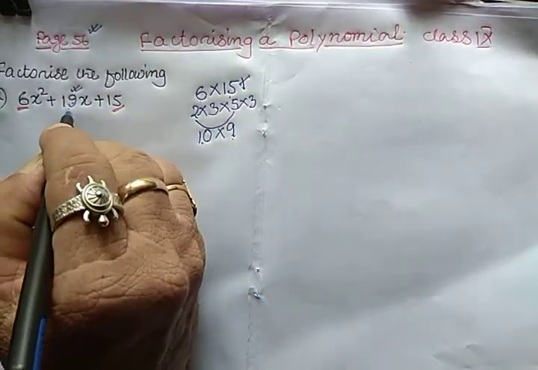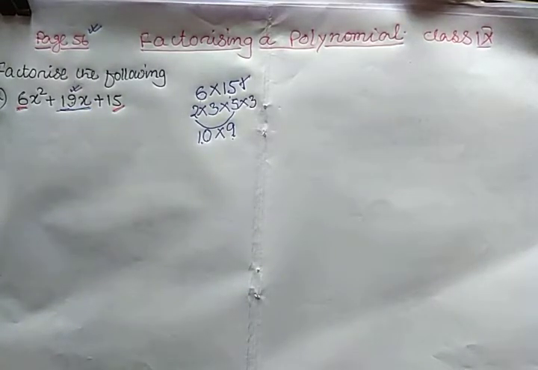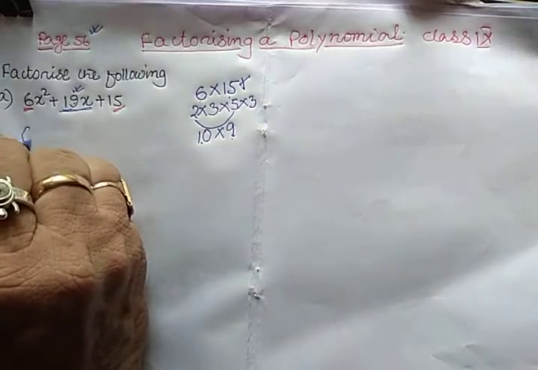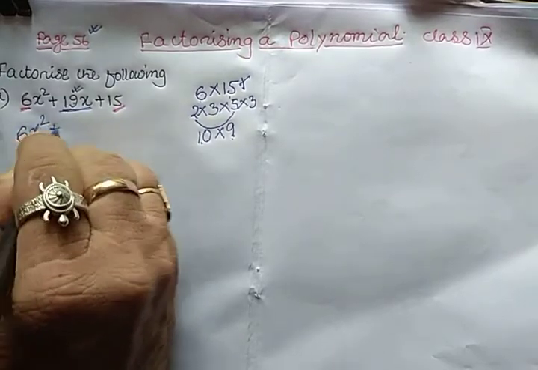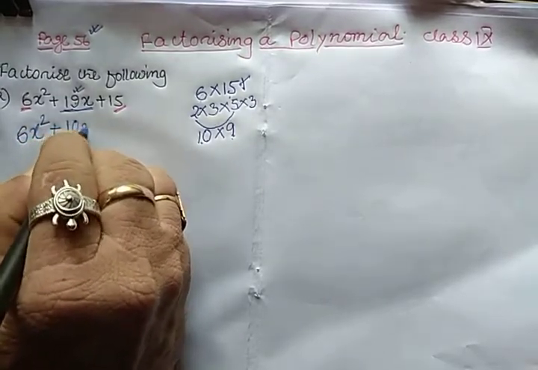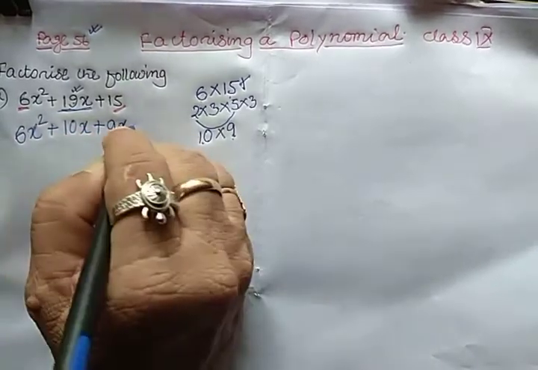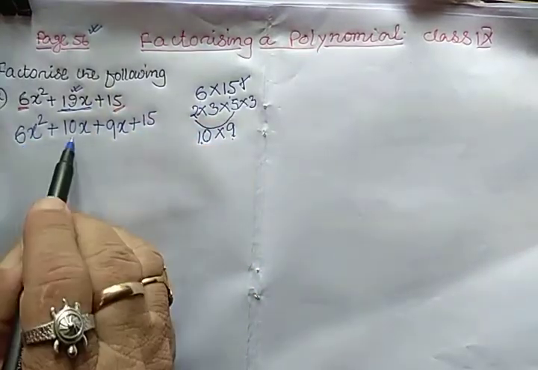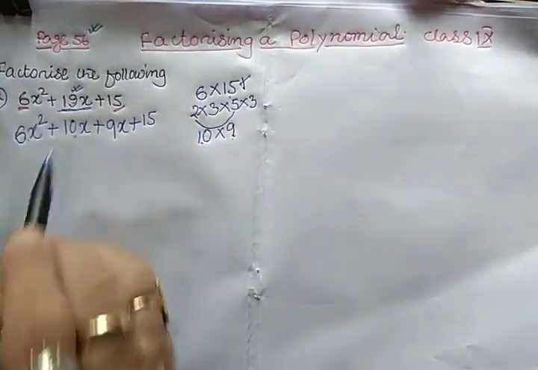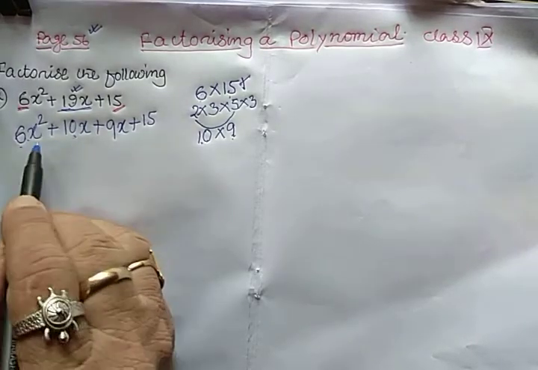So what we do, we break this 19x as 10x plus 9x, plus 15. What is common between these two terms? Here you have 2 and x.